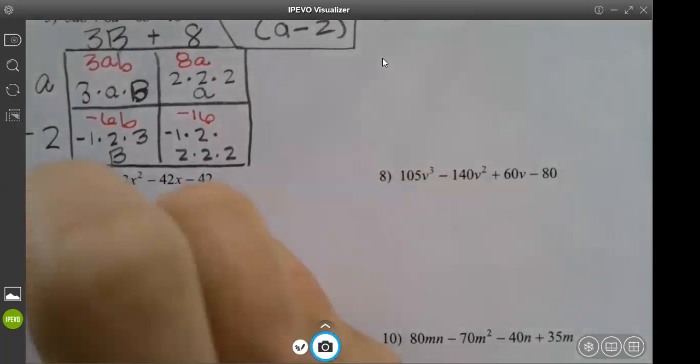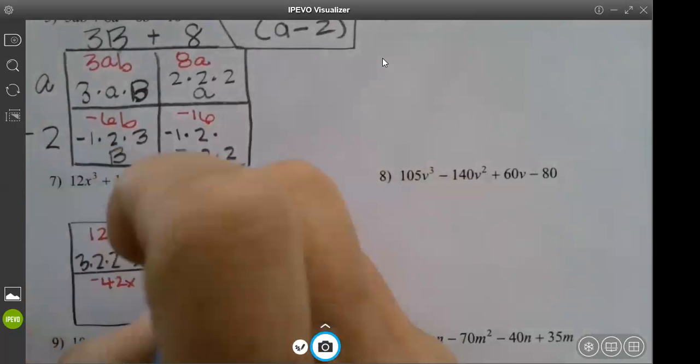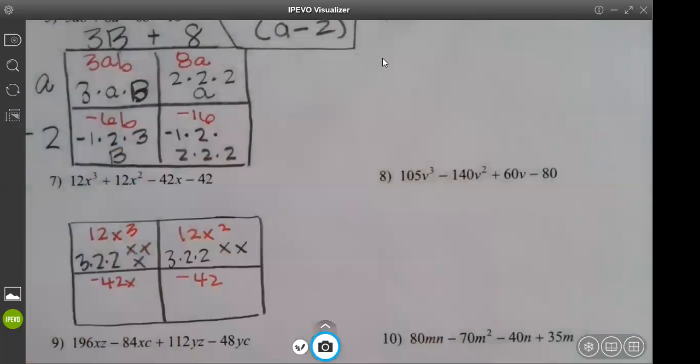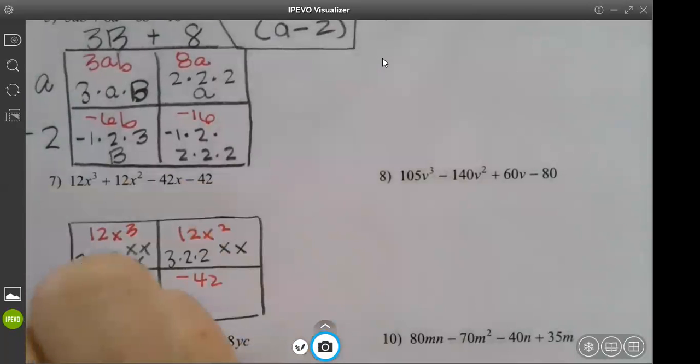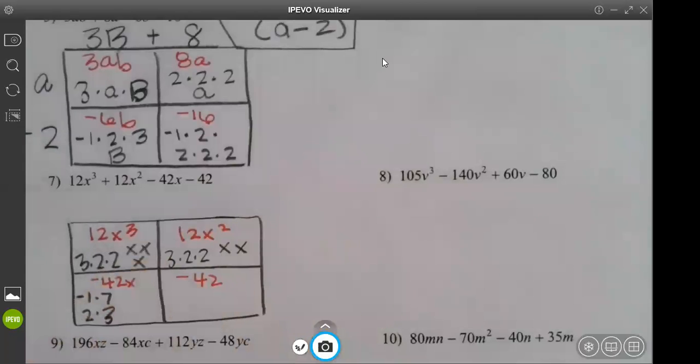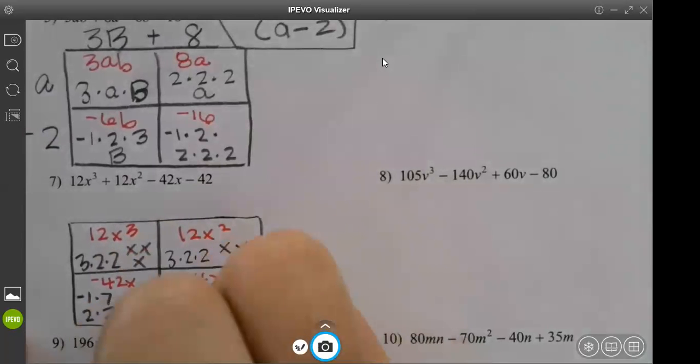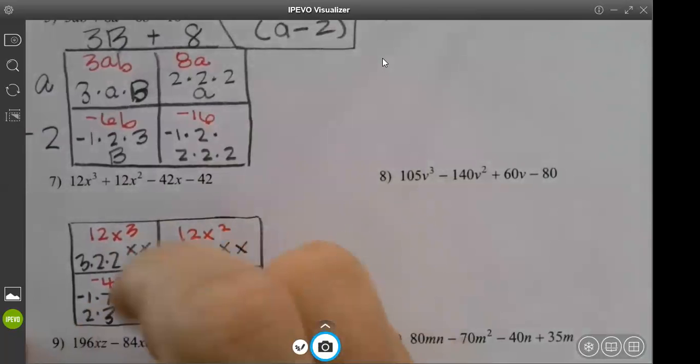So 3, 2, 2, and 2 x's. 42 is 6 times 7. So we have a negative 1, a 7, and 6 is 2 times 3. And we also have 1x. Negative 42 is the same thing, it just doesn't have an x. So negative 1 times 7 times 2 times 3.